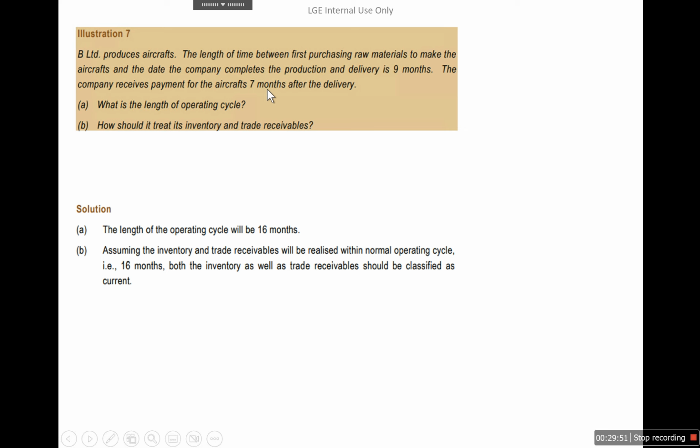So total it is 16 months. So the length of the operating cycle is 16 months, and how should it treat inventory and trade receivable? It is within the operating cycle of 16 months, so it will be classified as current.